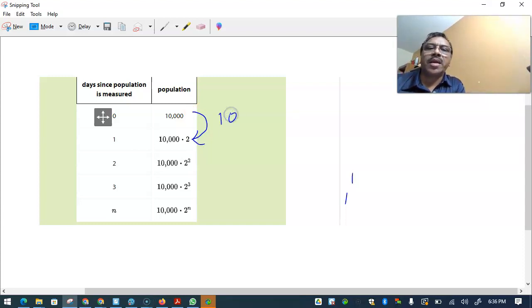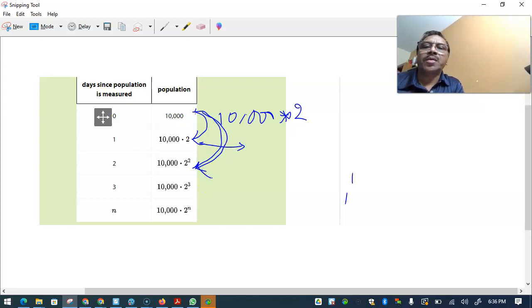So I'll just write this is 10,000 times 2. And then the next one, you're multiplying from this step to this step. So you're going to multiply twice, and that's why you see this is 2 squared.